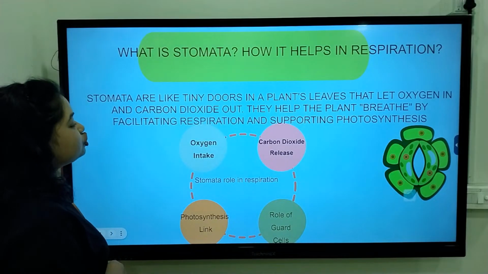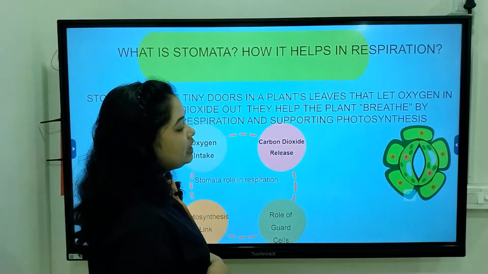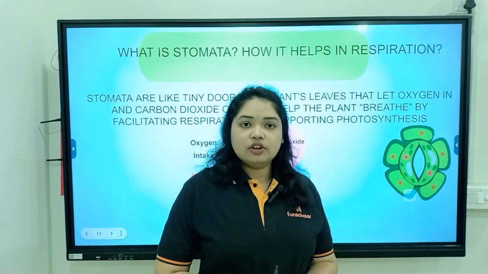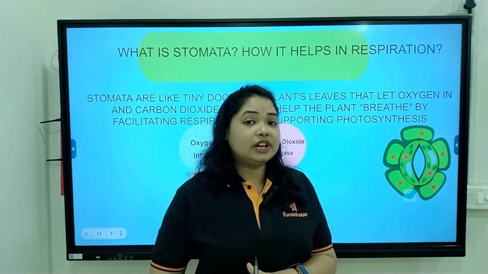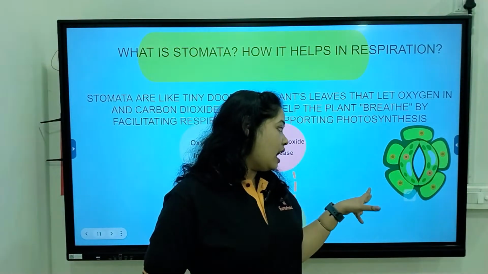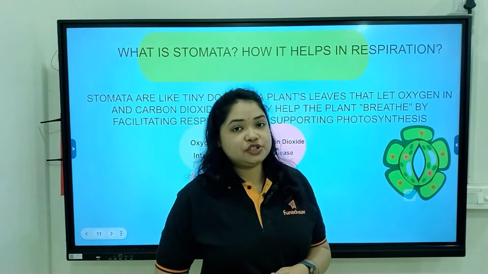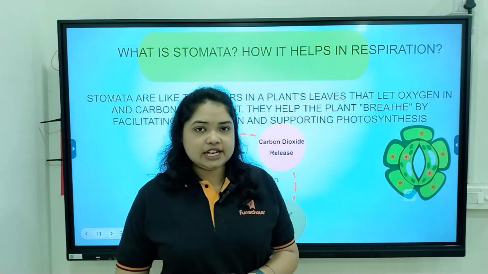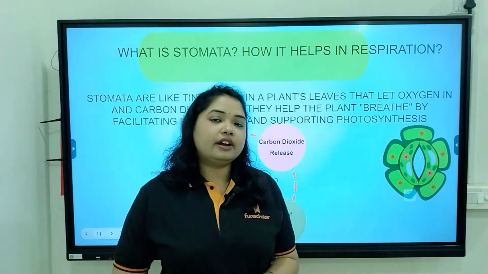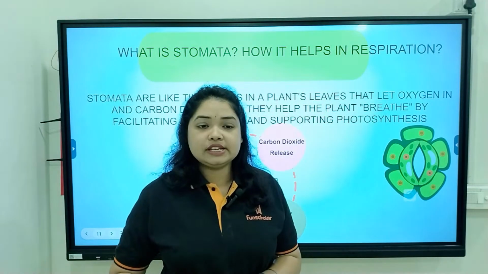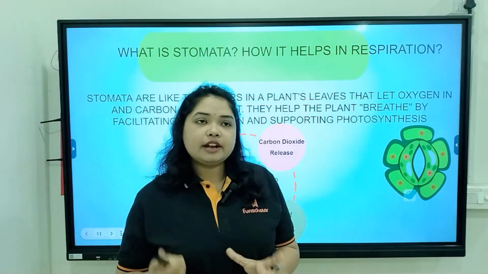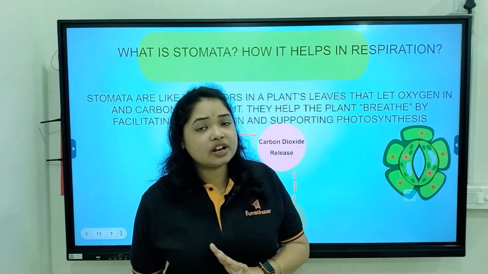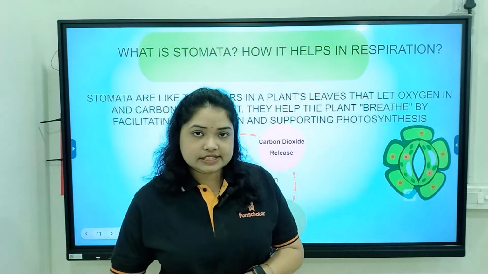Stomata are the small openings, the pores, present mostly on the underneath surface of the leaves, and they are the sites where gaseous exchange takes place. During the night time, when the sun is not there and photosynthesis is not taking place, plants take in oxygen just like any other living organisms and give out carbon dioxide.